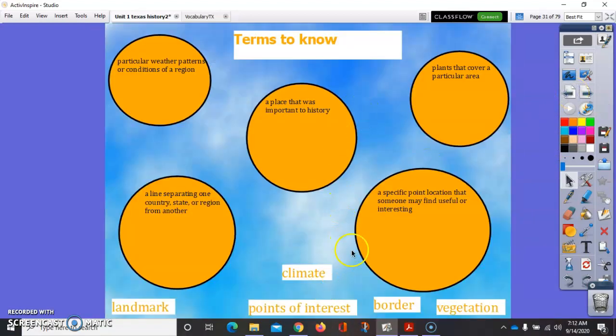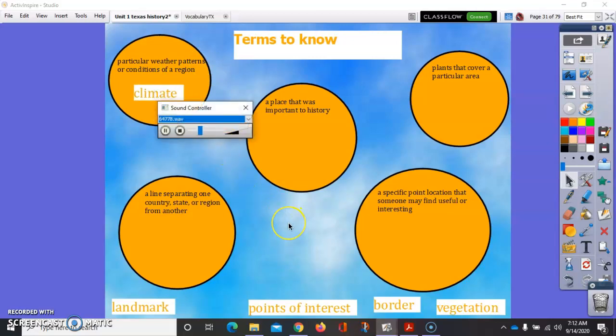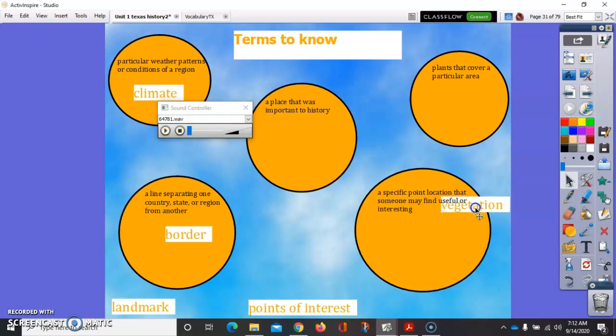Okay, so terms to know. The particular weather patterns or conditions of a region, that's the climate. A border is a line separating one country, state, or region from another. Vegetation, plants that cover a particular area.